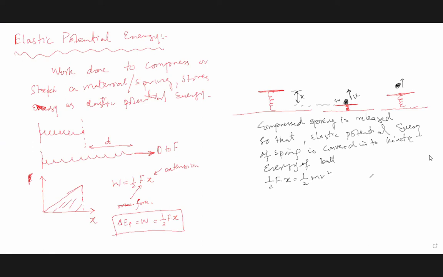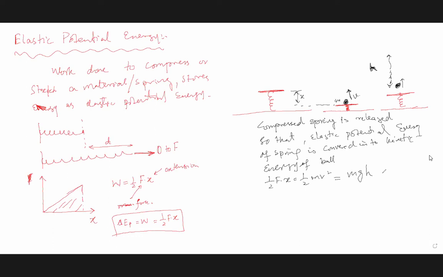And you know, this ball will eventually reach a height and gain potential energy afterwards. So you may equate this with mgh also. So there are three energy changes involved. First of all, बल्कि 4 कहेंगे.